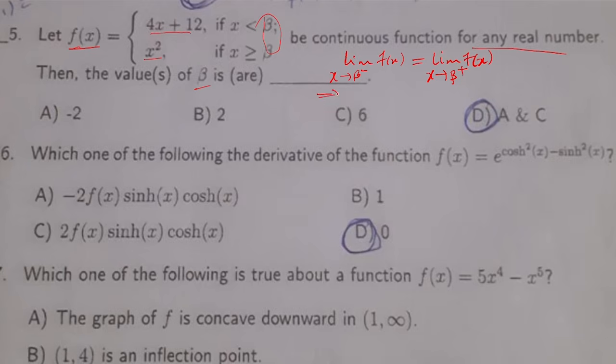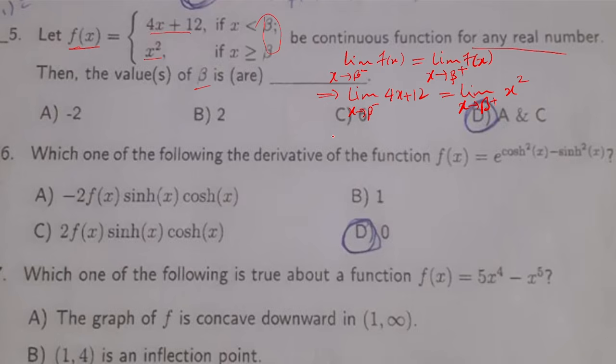This implies, look, the limit of f of x, 4x plus 12, as x approaches beta from the left is equal to the limit as x approaches beta from the right. What's f of x? X squared, because x is greater than beta.